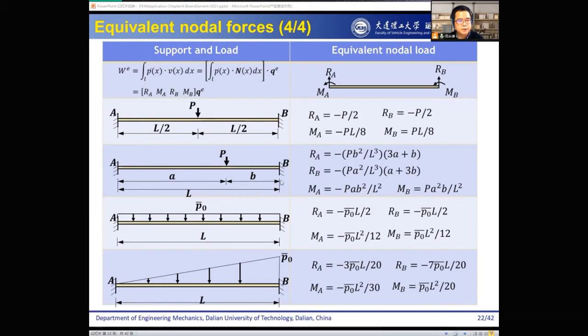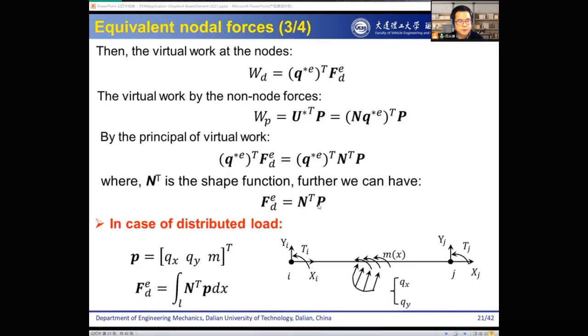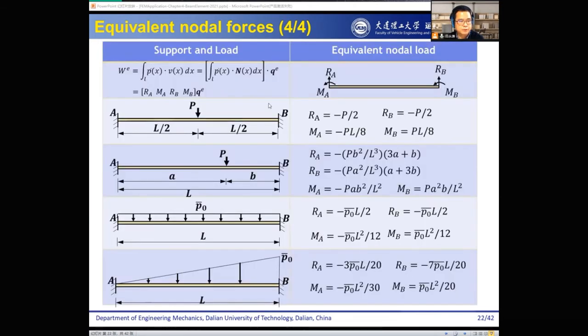And you can use this equation to work out other cases. For example, the simplest case is we have the concentrated force at the center of the beam, and this is the offset concentrated force in the beam. And this is the distributed force in the beam.